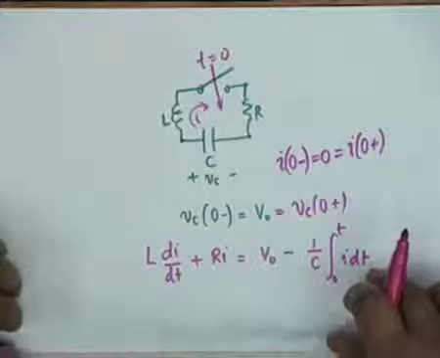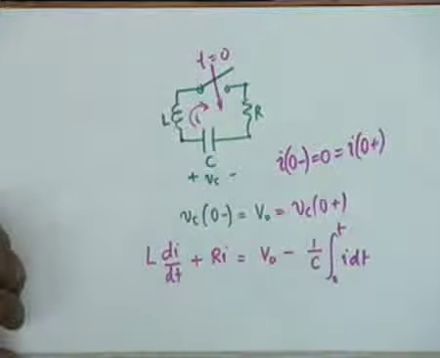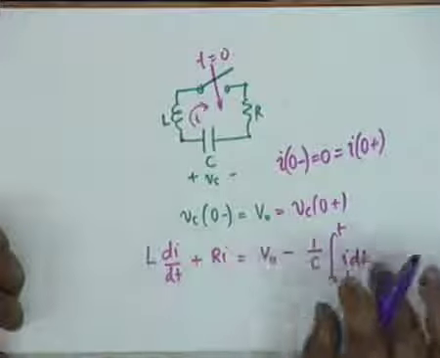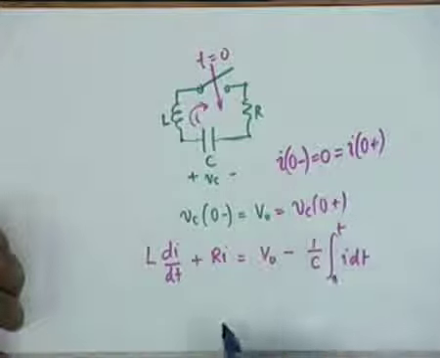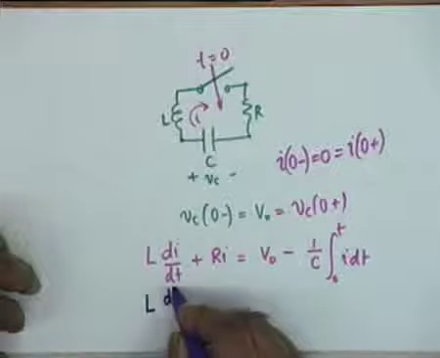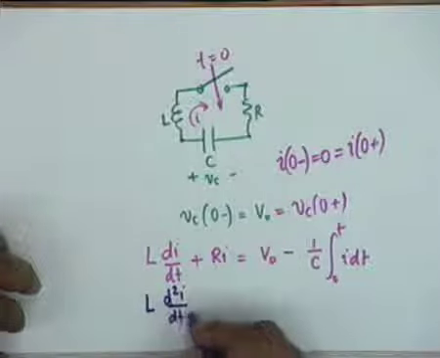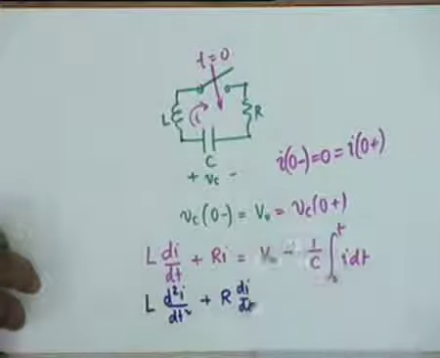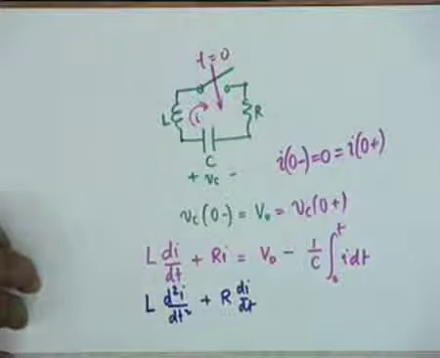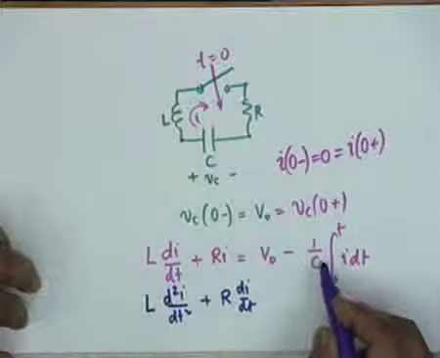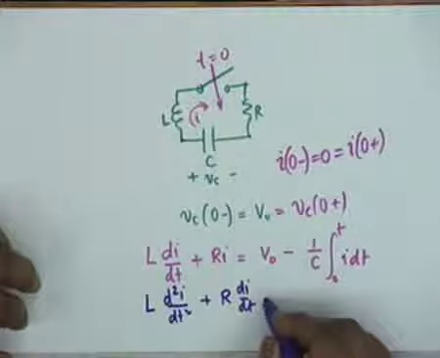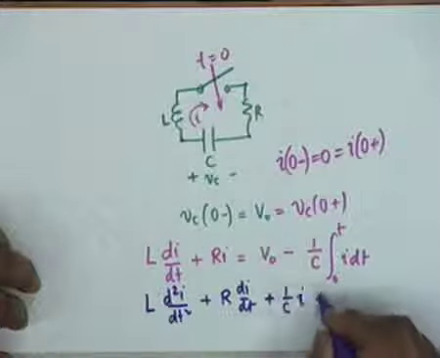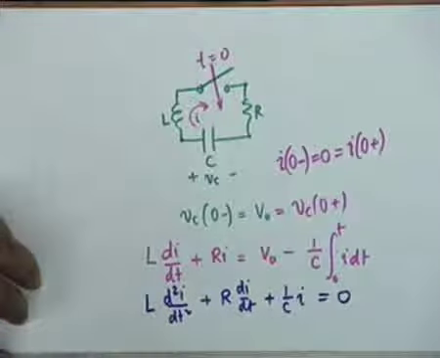Now an integro-differential equation, as I have told you, can always be converted into a differential equation by one more differentiation. We want to get rid of the integral sign, so what I get is L d2i/dt2 plus R di/dt, and in the process d/dt of V0 becomes equal to 0, and therefore we get simply I by C, which taken to the left hand side becomes 1 by C times I equal to 0.